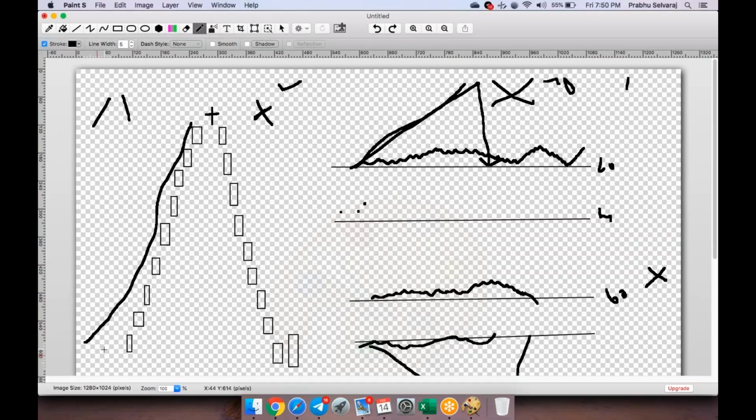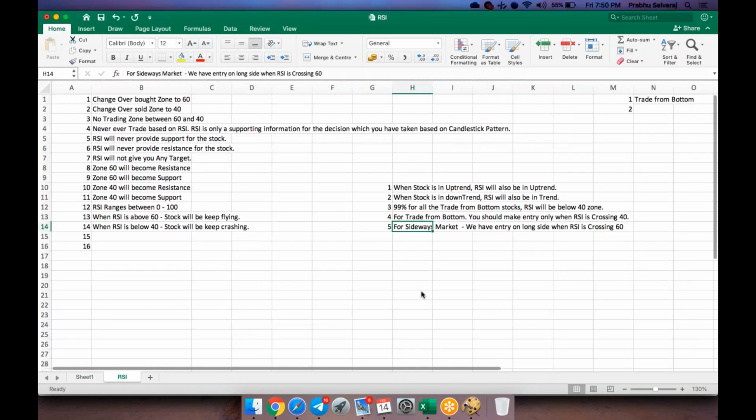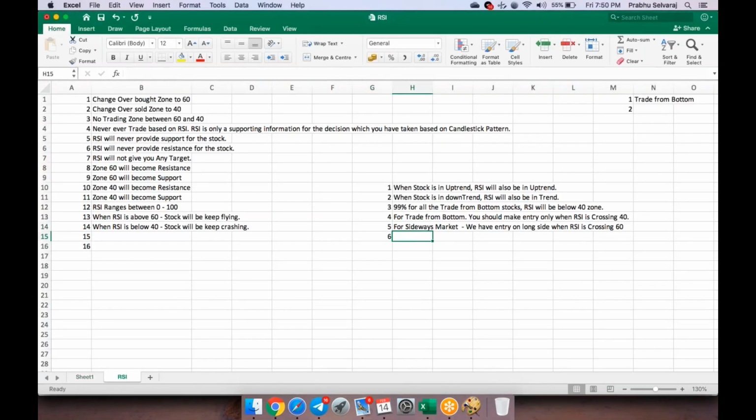When the stock went to an extreme high or reversal, if you make an entry over here, it is trading from the top. So the third entry on RSI, what we have learned, is for an upside market, we have an entry on the short side when RSI is crossing 60.